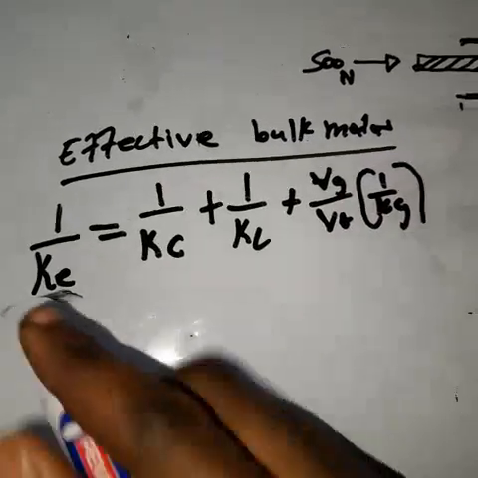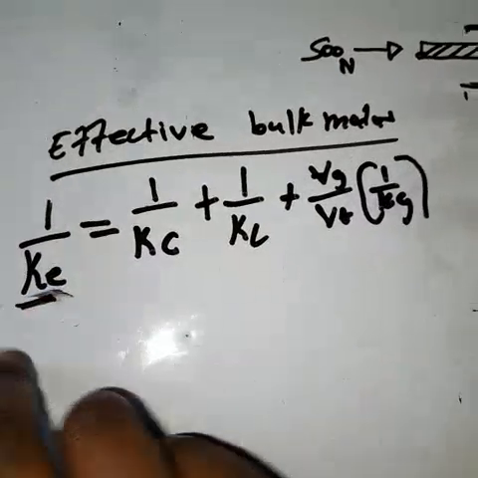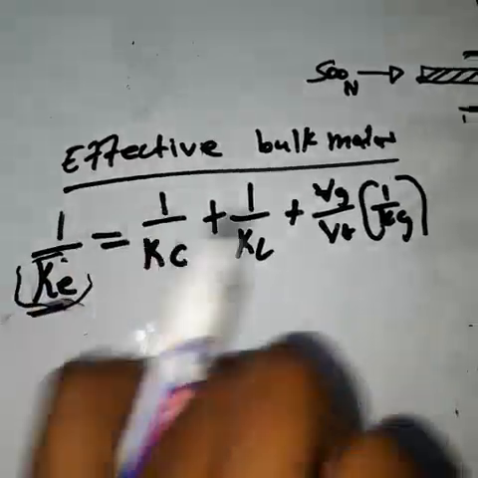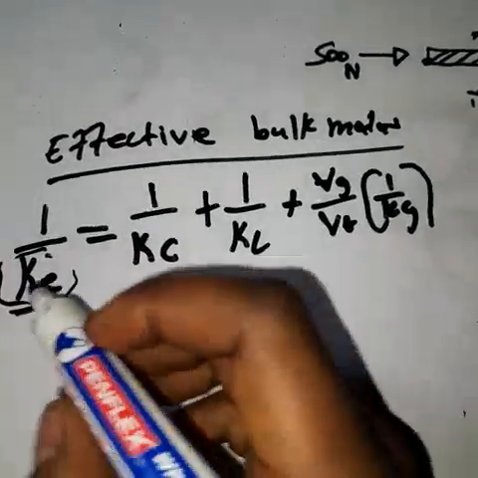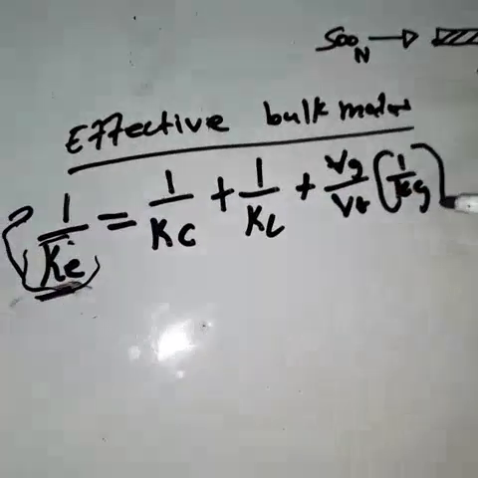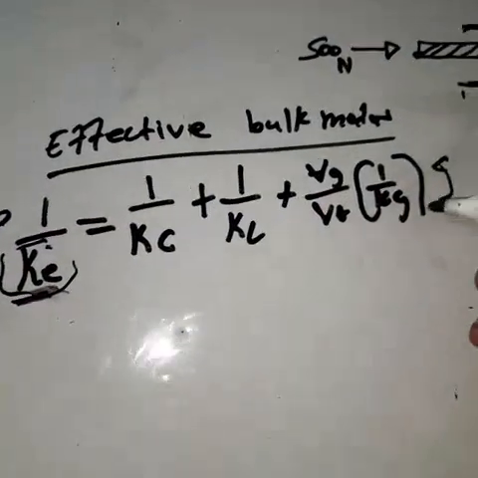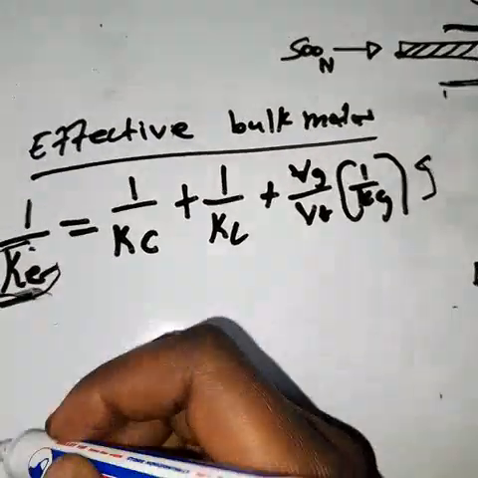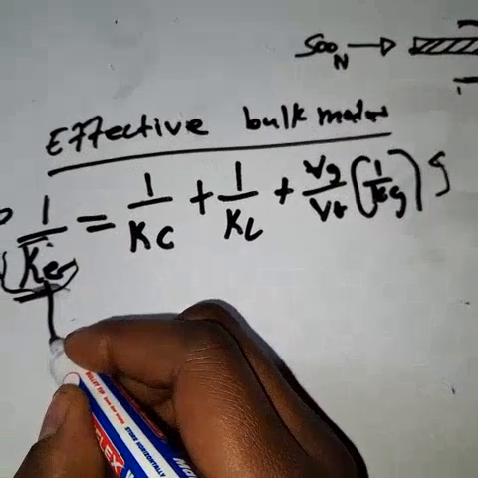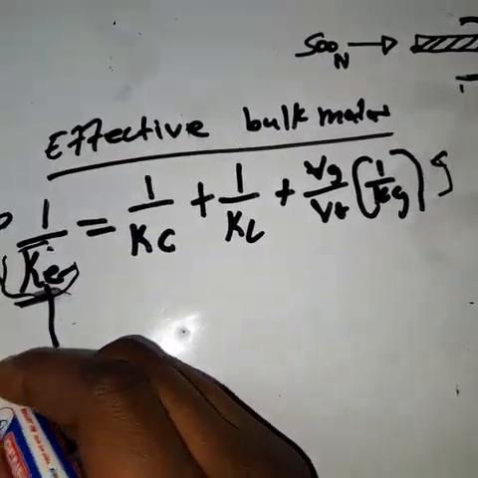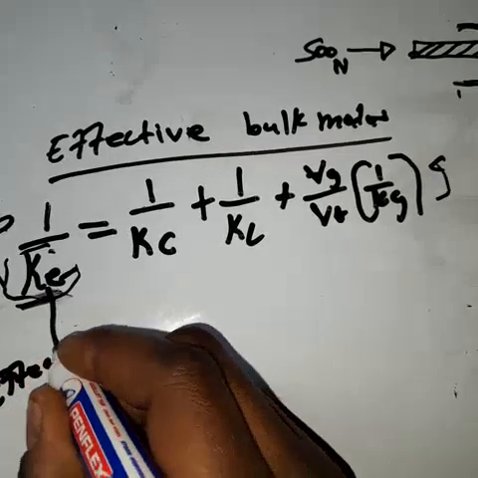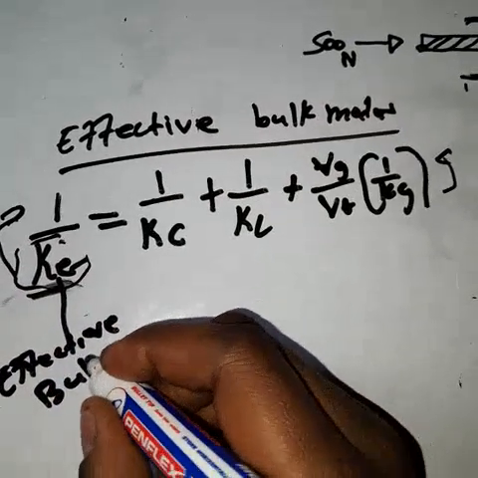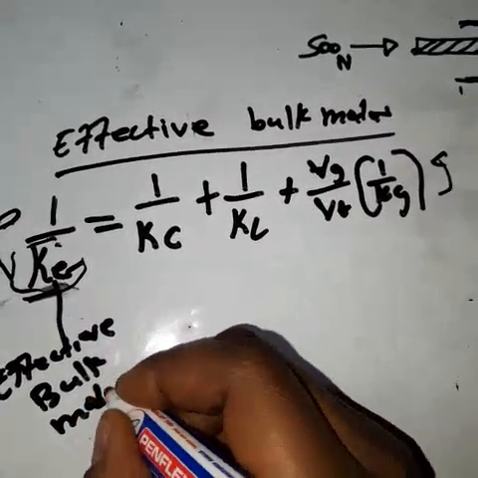This is the formula. When you want K, you reciprocate. When you want to calculate this, you reciprocate. You take this upwards. Also, this answer, you take it upwards. Then you find K, which is the K we are looking for, the effective bulk modulus.